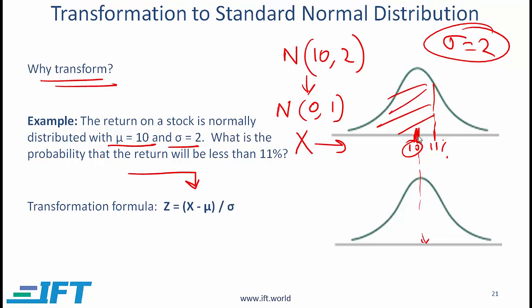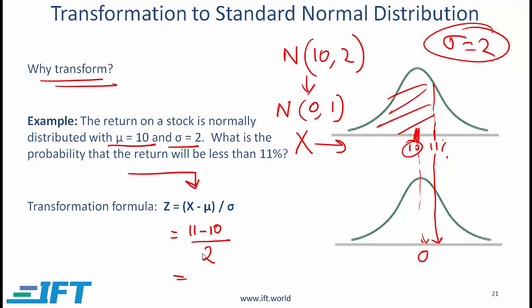So not surprisingly, the mean of 10 transforms to 0, and that is what we expect given the definition of the standard normal distribution. But the more interesting item is 11. So what does 11 transform to? 11 transforms to a z value of 11 minus 10 divided by 2.